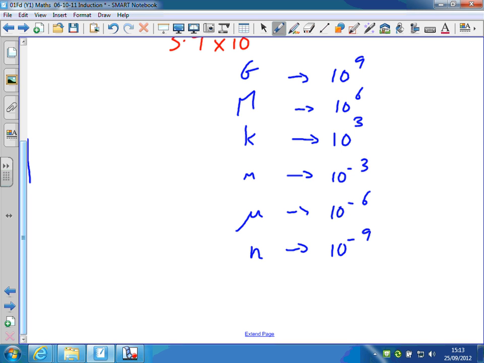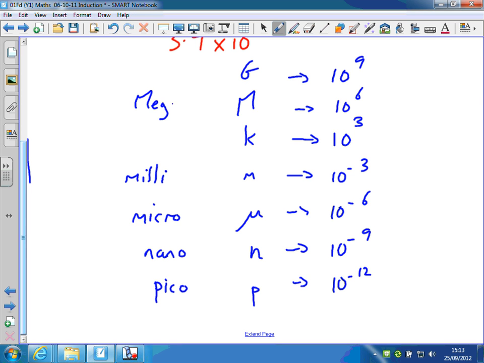Below that, pico, 10 to the minus 12. We won't often go very much below that. So if you're not used to the words, that's milli, that's micro, that's nano, and that's pico. And mega, and giga, and kilo to complete the picture.